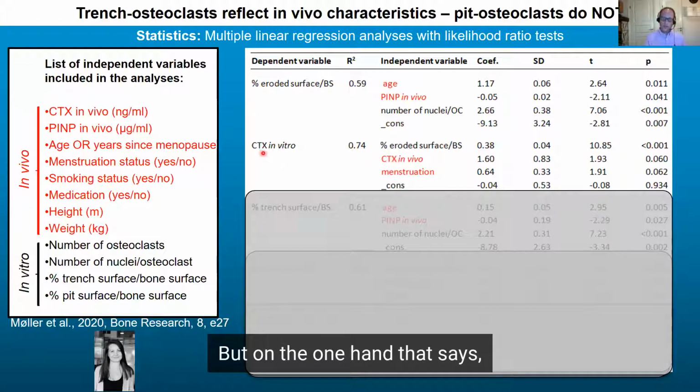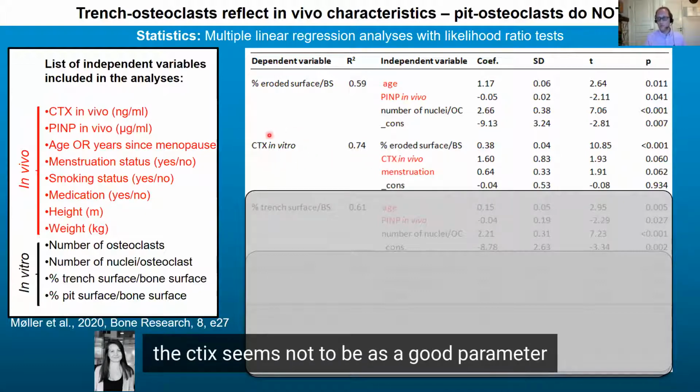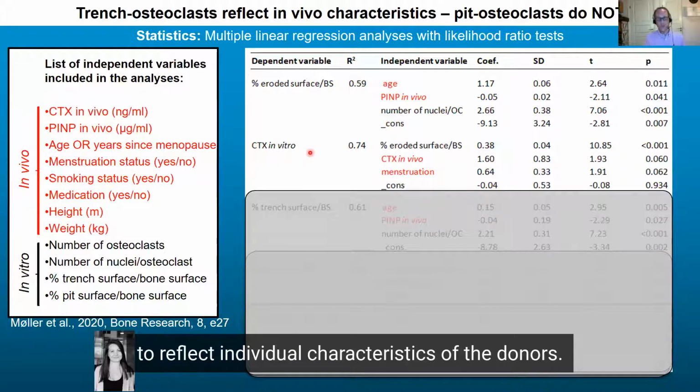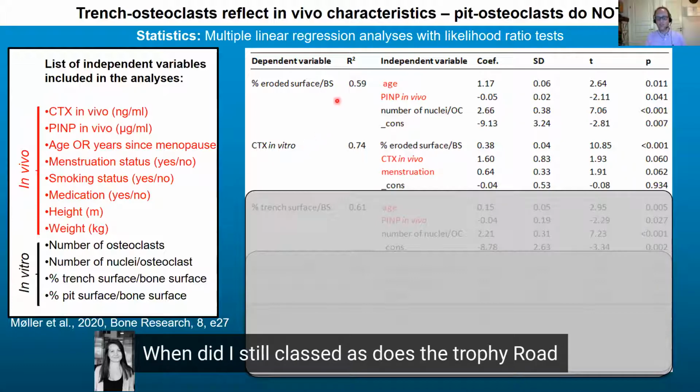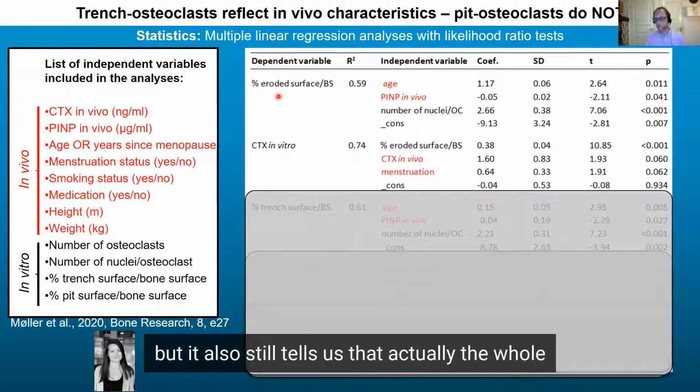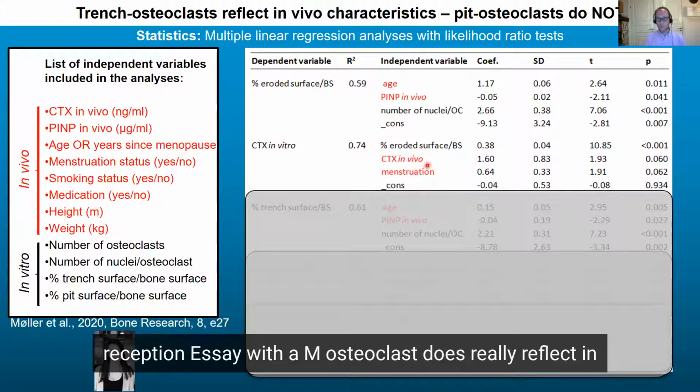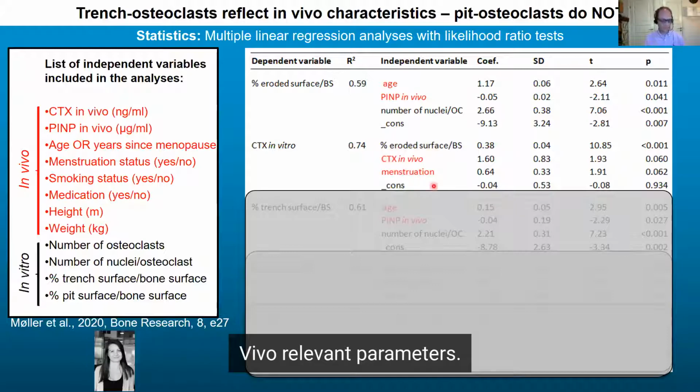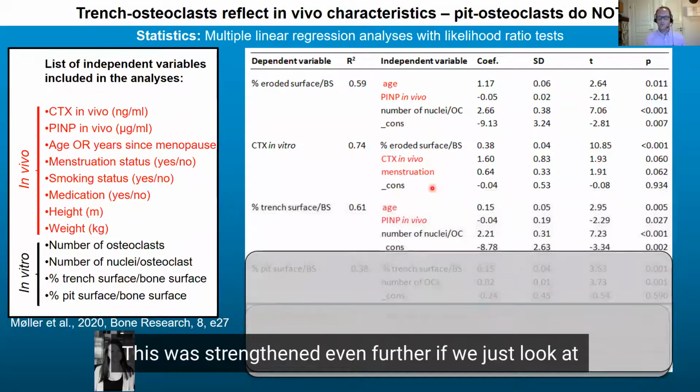On the one hand, this says that CTX seems not to be as good a parameter as the total eroded surface to reflect in vivo characteristics of the donors. But it also tells us that the whole resorption assay with in vitro osteoclasts does reflect in vivo relevant parameters. This was strengthened even further if we just looked at trenches.